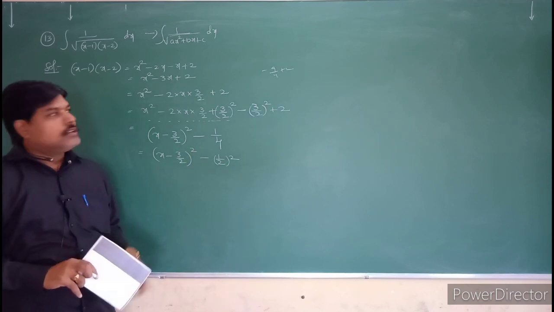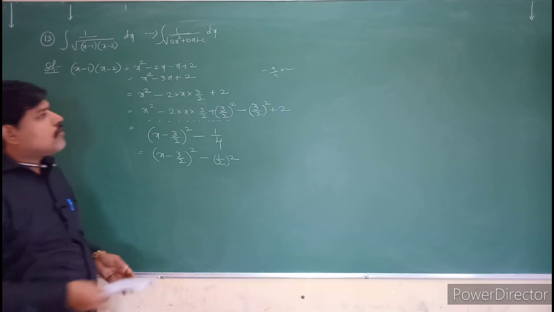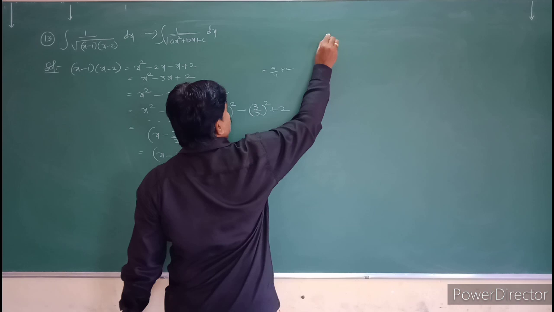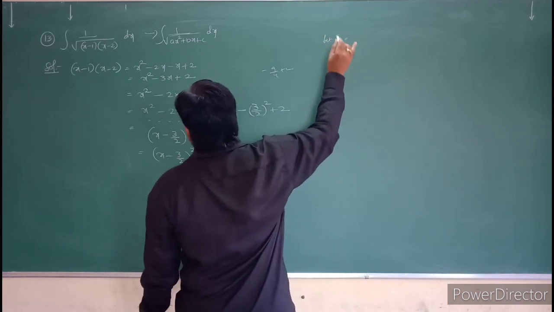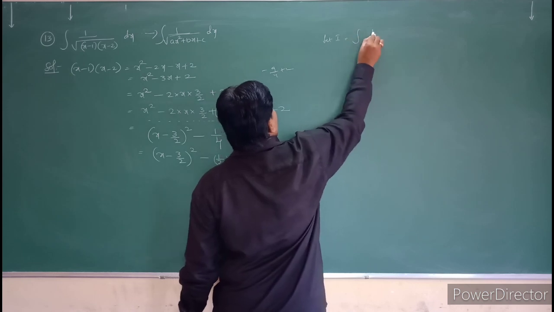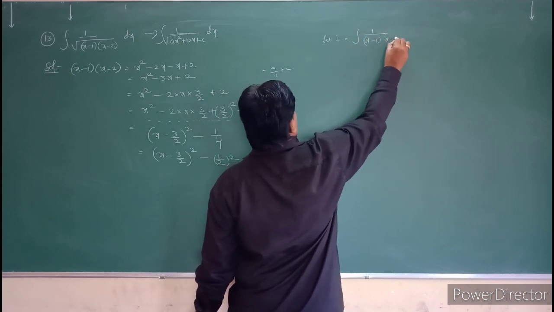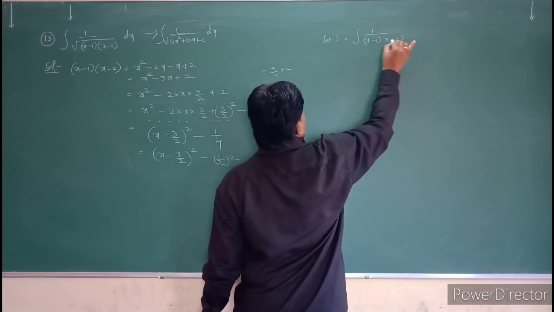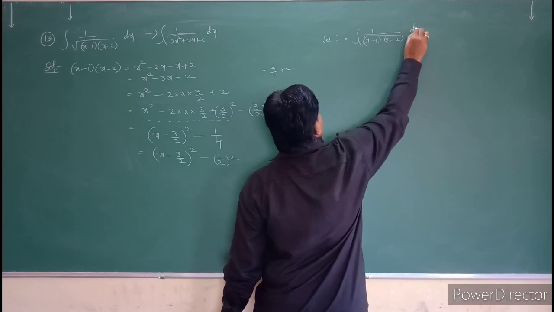Do you understand, students? So after solving this one, the problem will become very easy. Let I be equal to the integral of 1 by root of (x minus 1) into (x minus 2) dx.